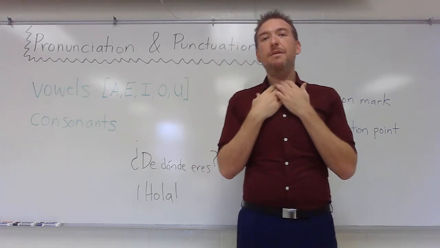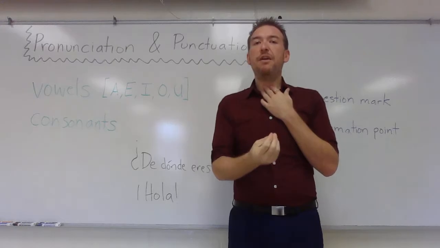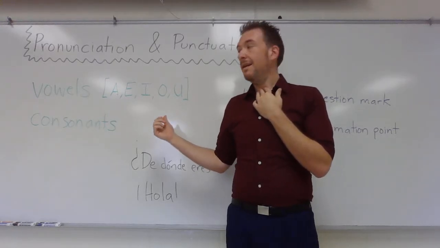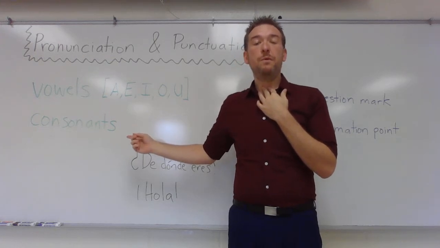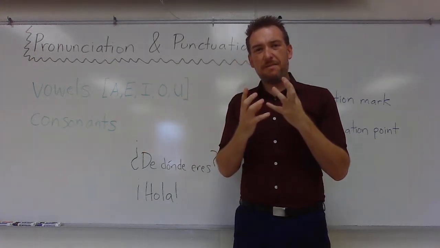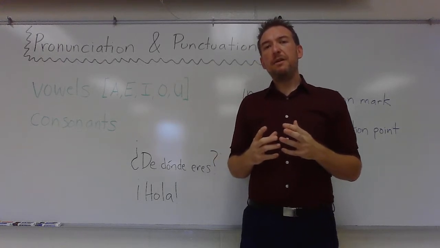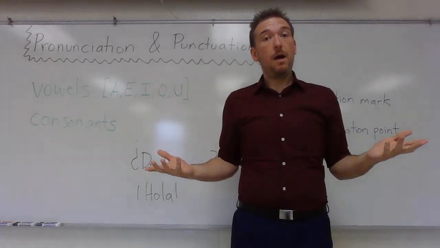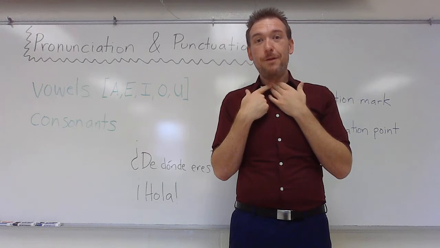So anytime I'm using a vowel, I'm sort of pushing air through my vocal cords. A consonant is anytime I'm not pushing air through my vocal cords, but instead I'm using a modifier, changing the vowel. So for example, the letter P. You don't feel the vibration.